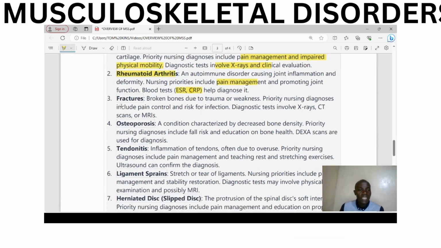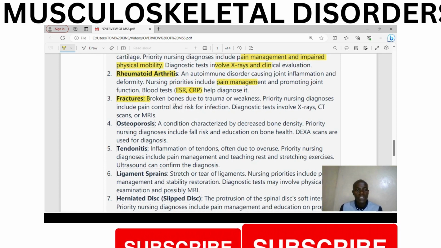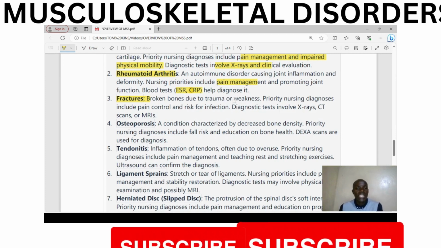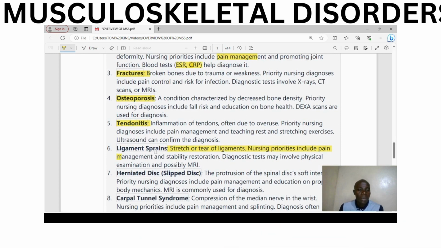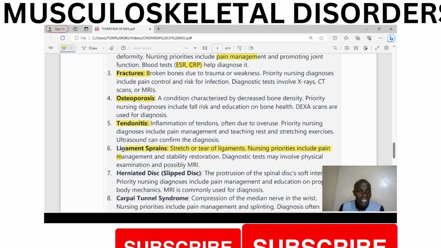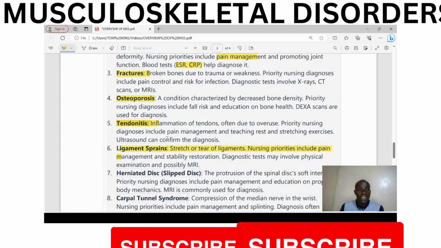We have another condition, fractures, which are broken bones due to trauma or weakness, or even old age. Then we have osteoporosis, tendonitis, and ligament sprains. Remember, we have sprains in ligaments, whereas in tendons we have strains. Also, a link will be popping up on the 10 differences between strains and sprains.